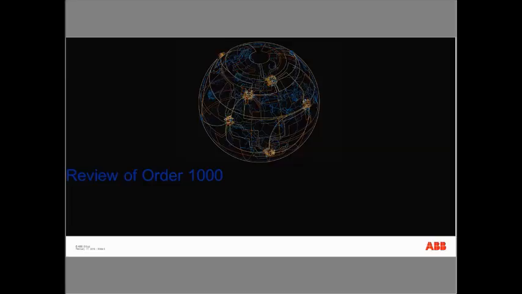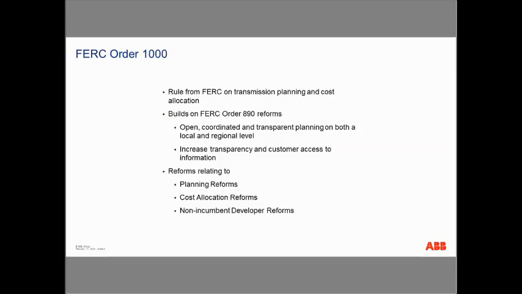We'll start out with a review of FERC 1000. It's a rule related to transmission planning and the cost allocation associated with transmission planning. It builds on FERC Order 890, which called for open and coordinated planning for transmission planning, and increased the transparency and customer access to information.